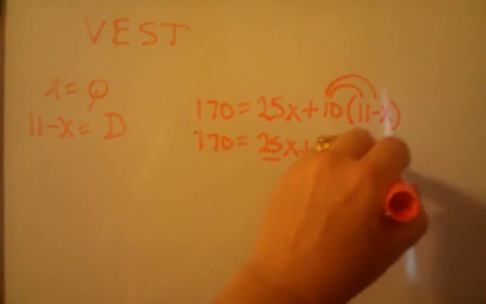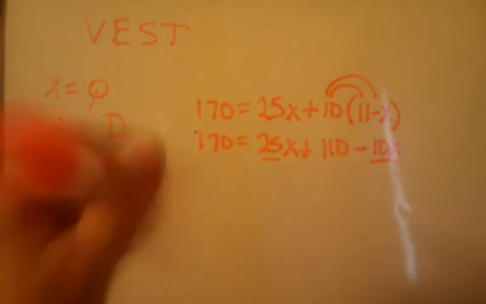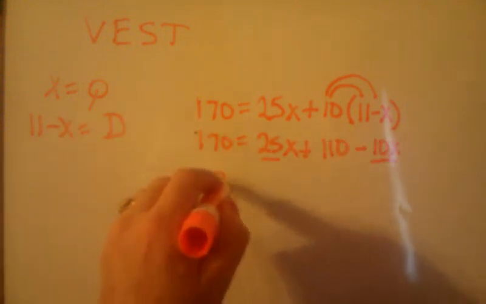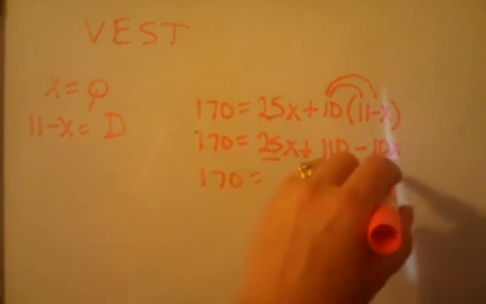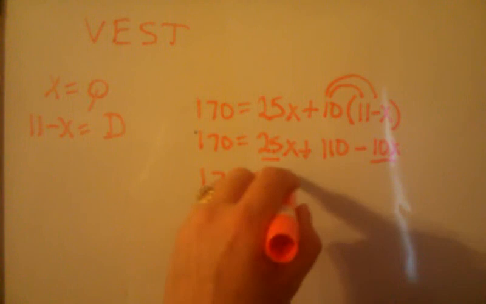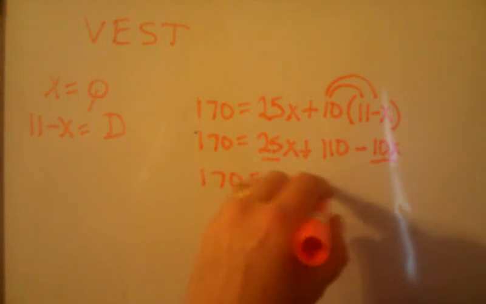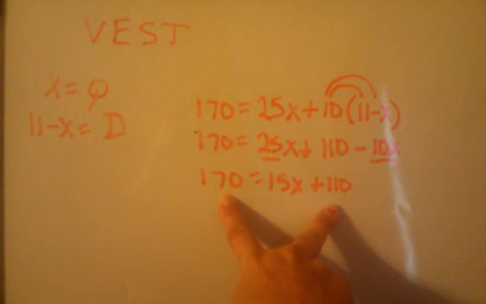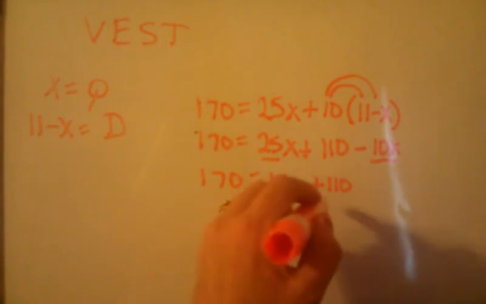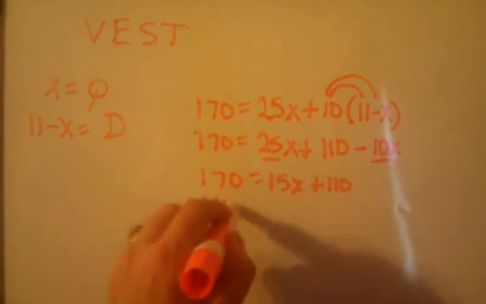Now let's combine like terms. 170 equals, okay, 25 minus 10 is 15x, don't forget your x, plus 110. Okay, which two terms are like? These are. So I need to subtract the 110 from both sides.